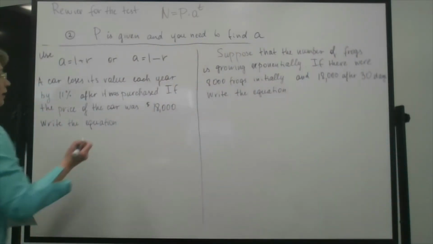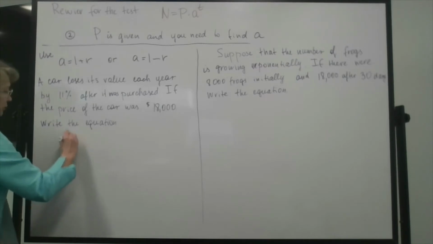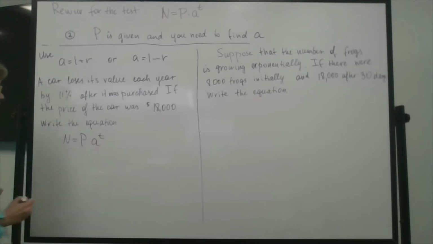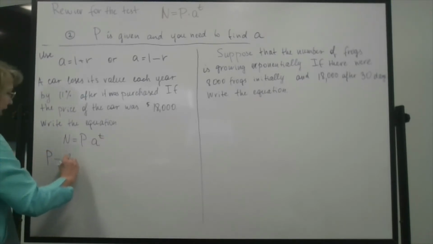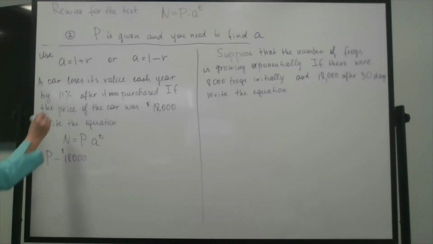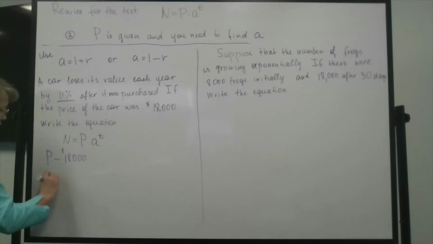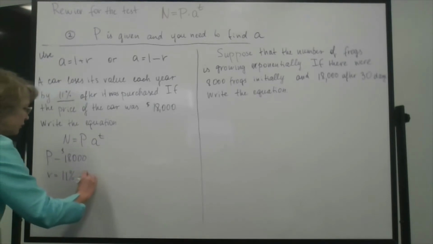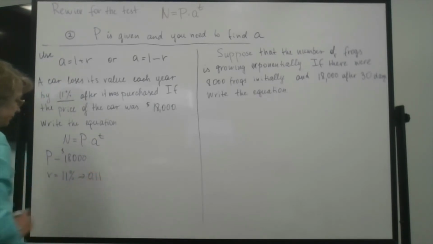Okay. First of all, the equation is N equal to P times A to the T power. We know our initial value that it's $18,000. We don't know A because when you see percent sign, it is your R. Your R is 11%. You know already that you need to change percent to decimal, so it will be 0.11.